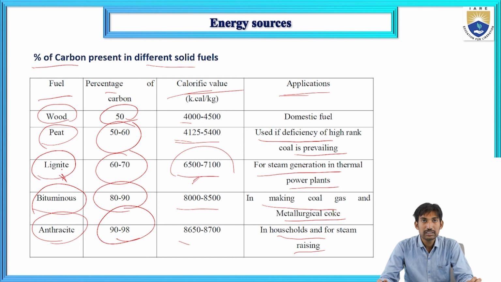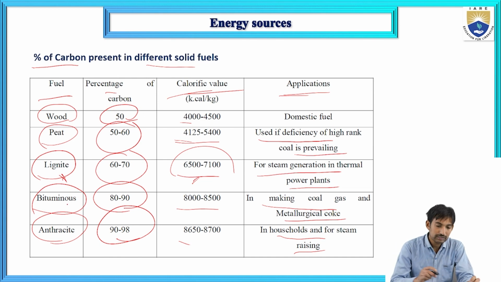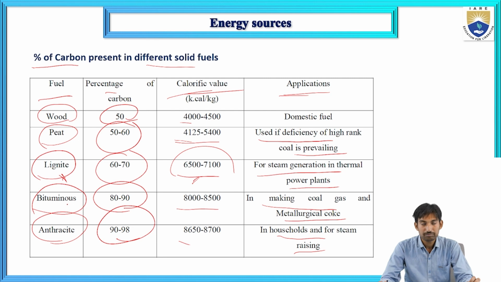The next solid fuel is lignite. It contains 60 to 70% of carbon. It produces a calorific value of 6,500 to 7,100 kilocalorie per kg, and it is used in the thermal power plant for steam generation. The next solid fuel is bituminous. It contains 80 to 90% of carbon.